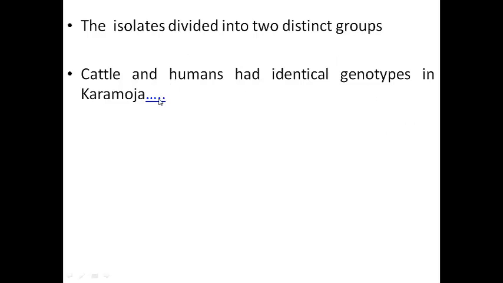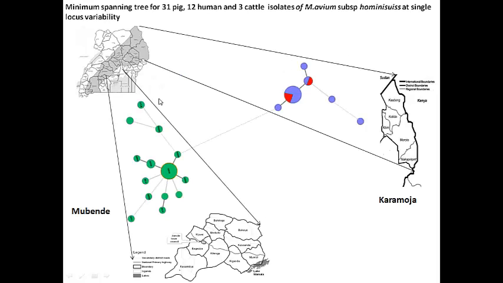So the results look like that, and we have the pig samples and the cattle samples. We see that the cattle samples and the human samples share a genotype, and this would have public health implications.